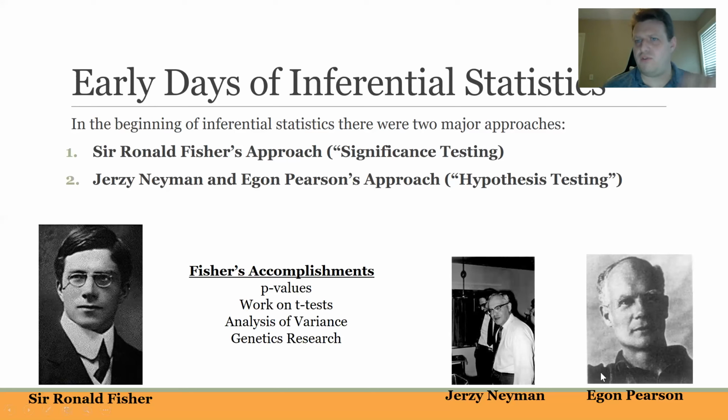And so there were these two different approaches for how to do inferential statistics. And this was a very, very lively debate. I say lively, but Sir Ronald Fisher and Egon Pearson seemed to hate one another. It was a very, very intense argument with one another about the proper way of doing inferential statistics. They both had their own journals, and they wouldn't let the other one publish in the journals, and it was really contentious.